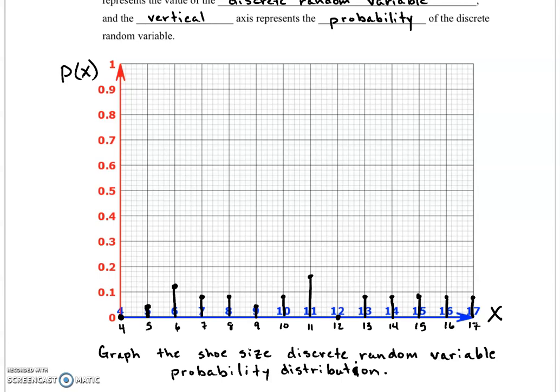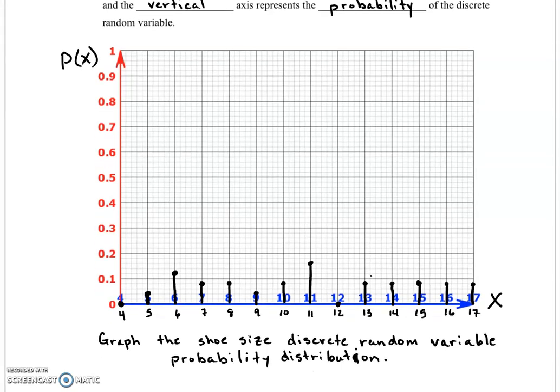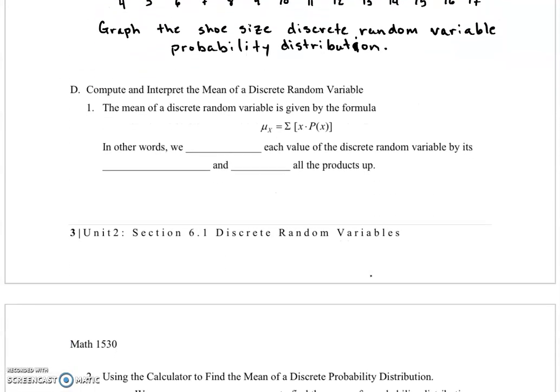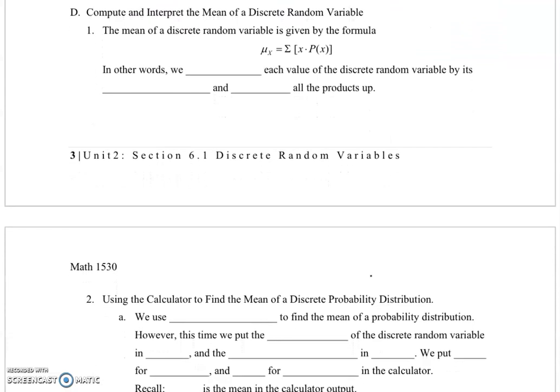Now let's talk about how we compute the mean and the standard deviation of these things. So the mean of a discrete random variable is given by this formula. We call it mu with a subscript of a capital X to tell us that it's the mean of a probability distribution of a discrete random variable.